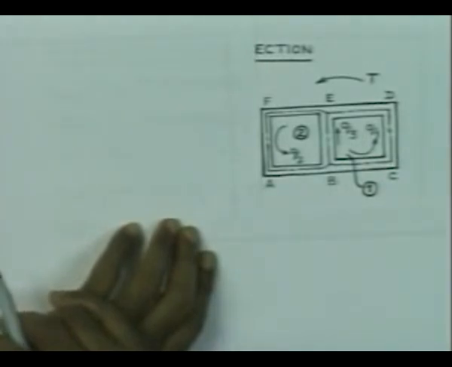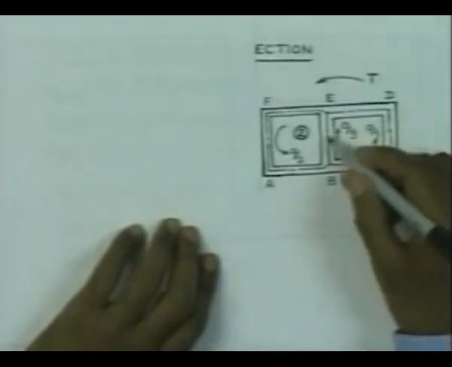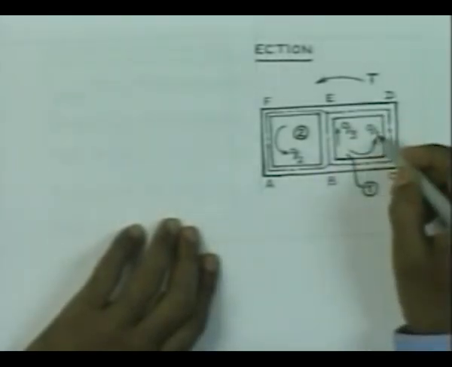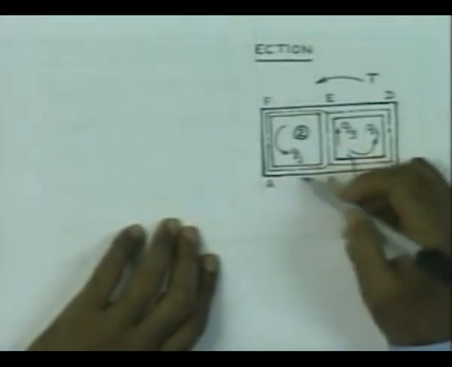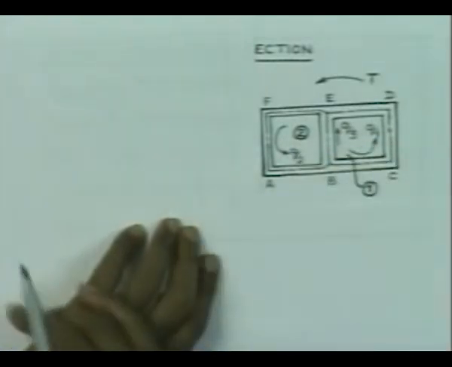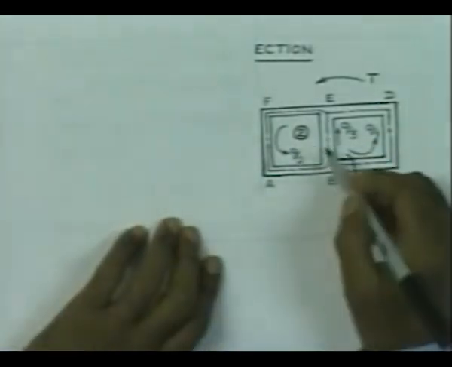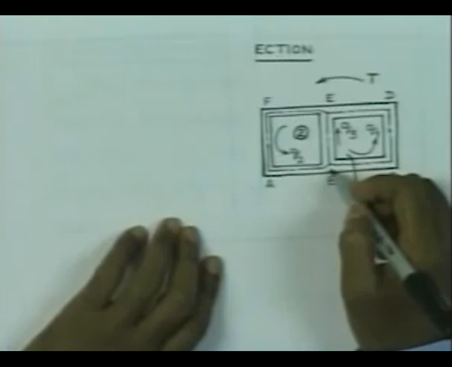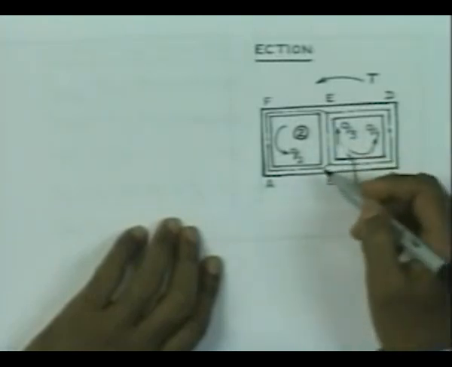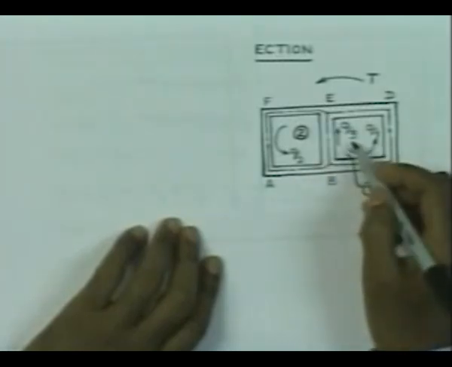Let us assume that the flow which is in this circuit is Q1 and the flow which is in this circuit is Q2. Thereby we will have a net flow in this arm BE equal to Q3.